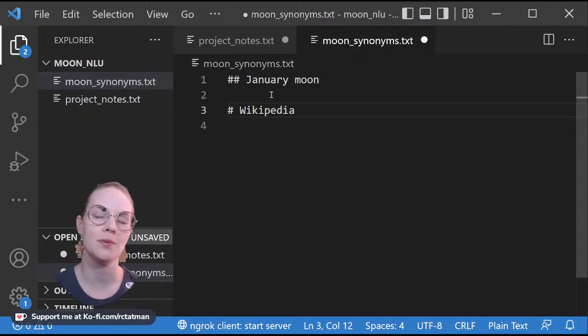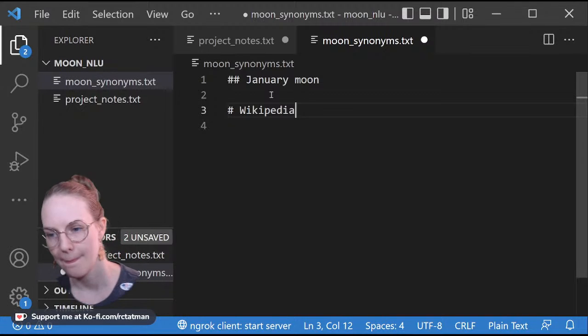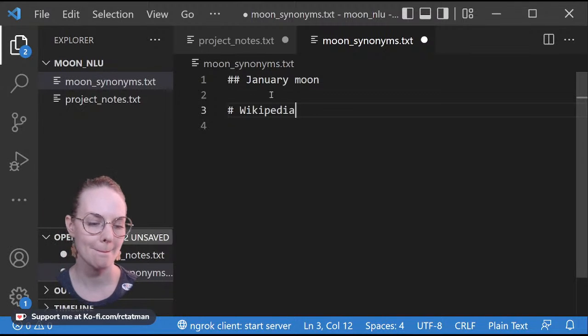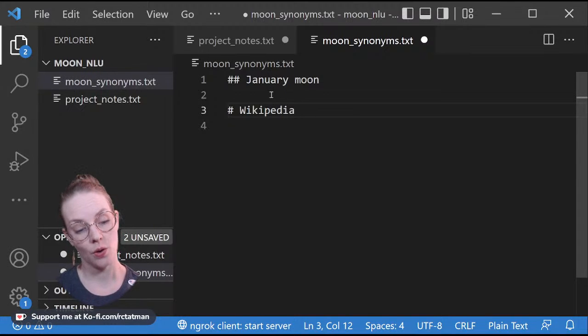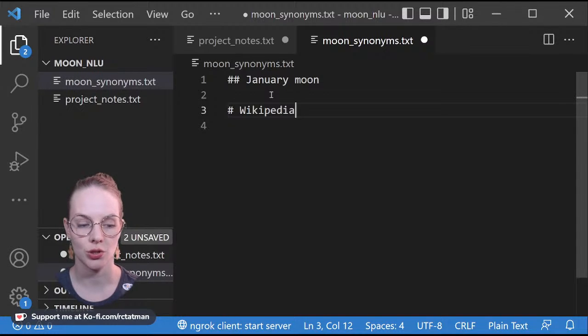That pause was me thinking about whether it makes more sense to have these sorted by source, or does it make more sense to have them sorted by month and then annotate the source?